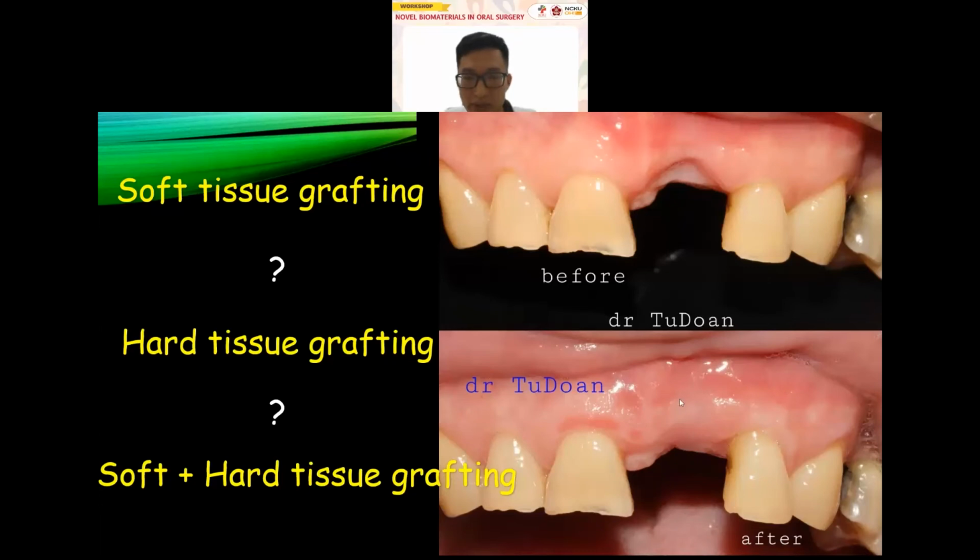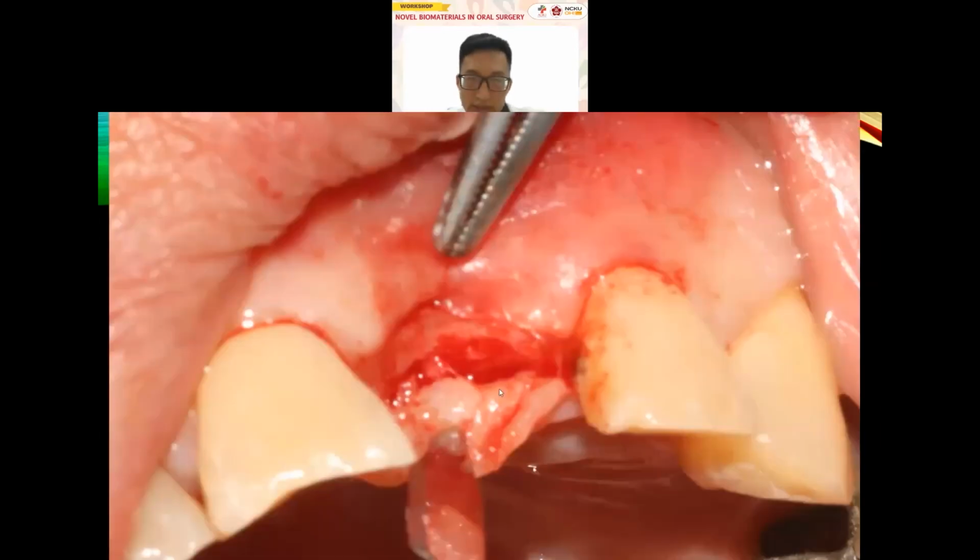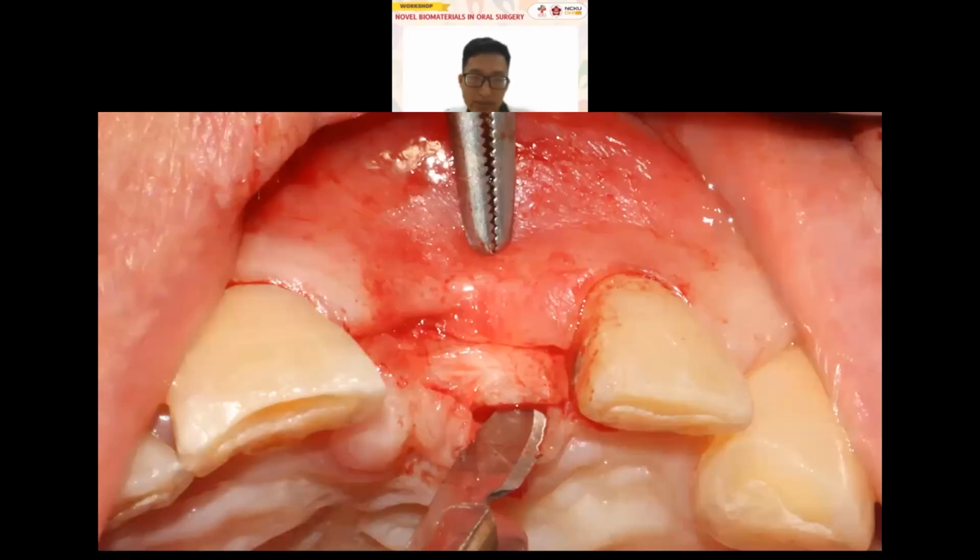This is the post-operative outcome. Let me show you the technique I did in this case. I make the first incision more buccal to make a split technique flap, and after that I move in the palatal direction. When I reach the palatal part, I start making a full flap.